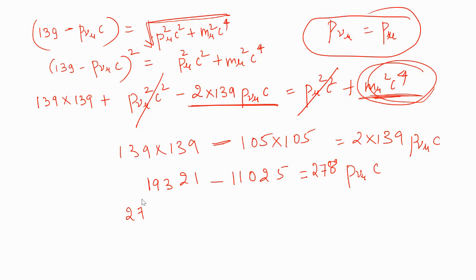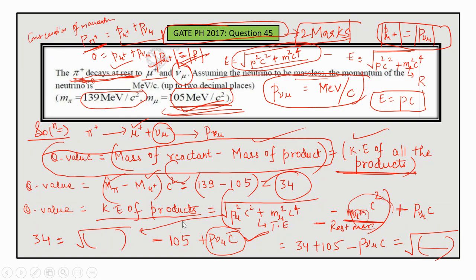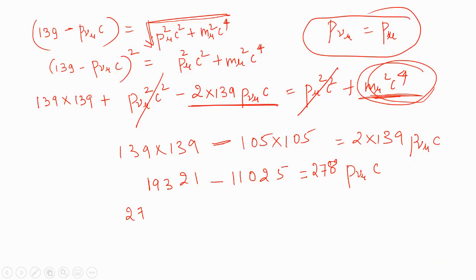I'll tell you. If you see here, you are given the rest mass of the muon. The rest mass of the muon is given to you as 105, and see the unit here, it is MeV/c². So here, this is (m_μ c²) whole squared, and this value is the rest mass.